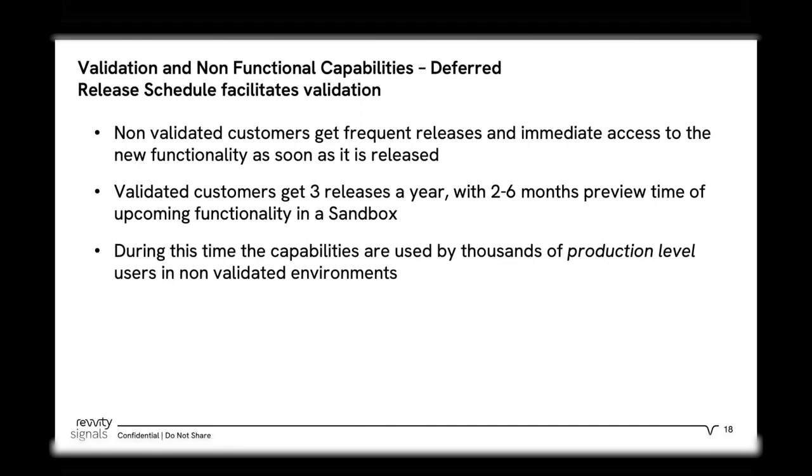During that 2 to 6 months, we have hundreds of organizations, thousands and thousands of users using those capabilities, giving you really robust user acceptance testing on it. So you're leveraging the work of these users working in production to really hammer on the capabilities and test them, so that by the time it comes to you, the quality is incredibly high.